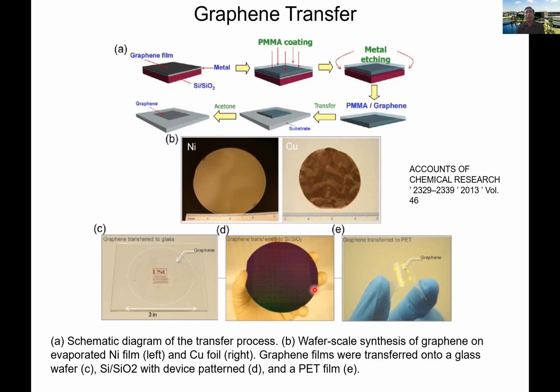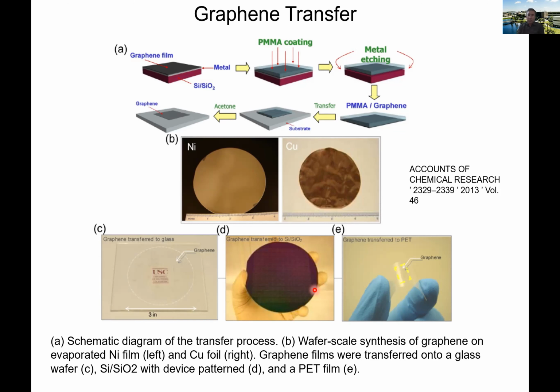What you do is put a thin layer of PMMA, and then you etch the copper metal. When it gets etched, you will be left with a layer of PMMA on top and graphene at the bottom.